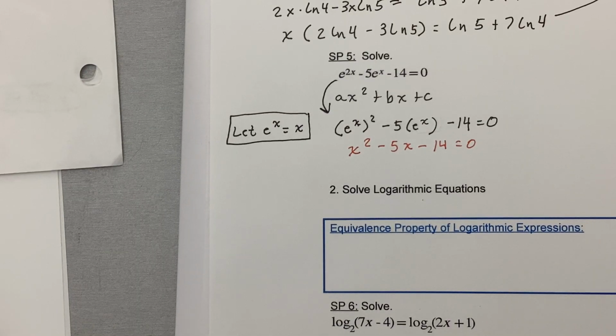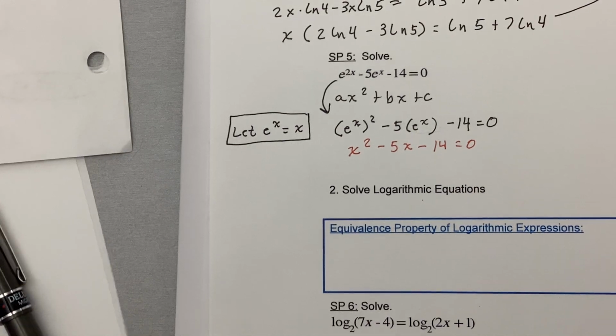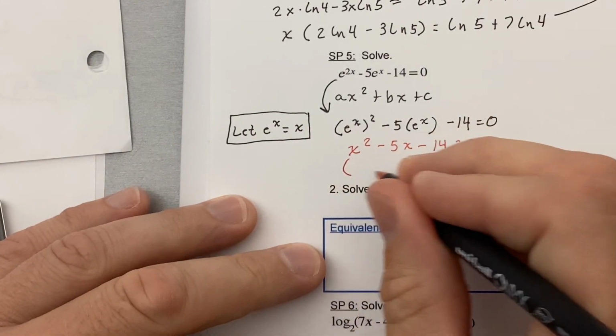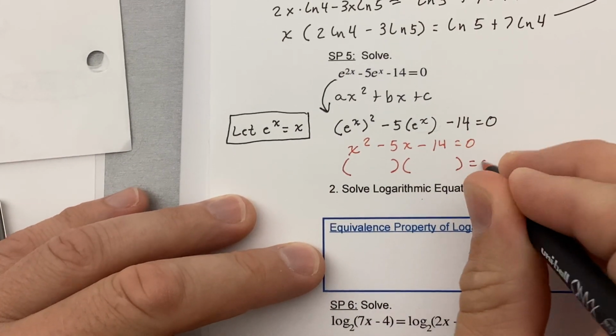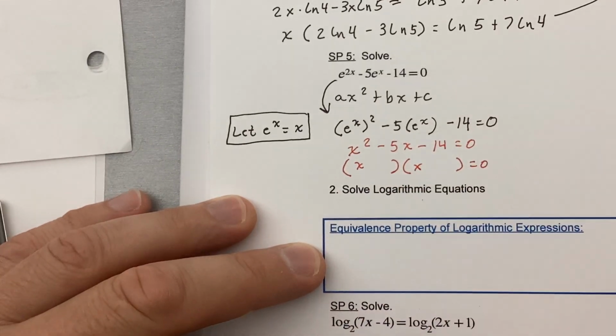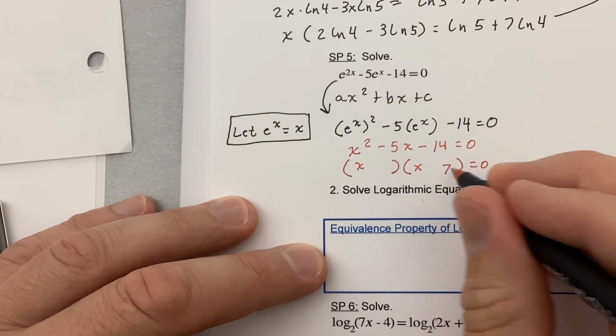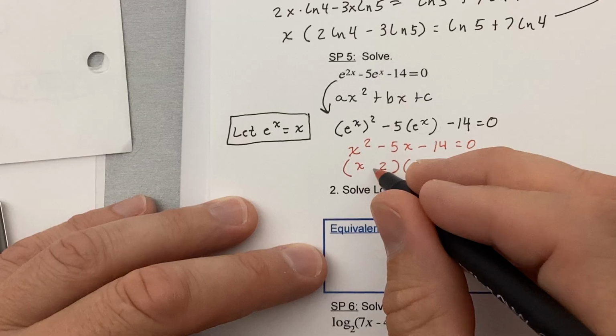So now as we look at this, if we were to solve it, maybe we could factor. Factors of 14. Yeah, 7 and 2. I know that difference is going to be 5.